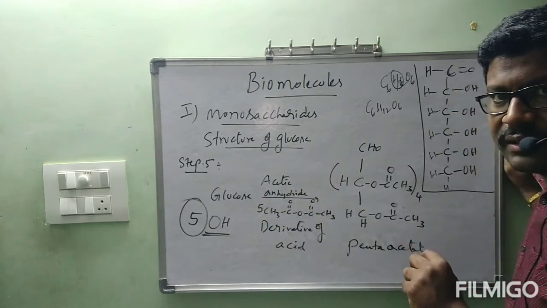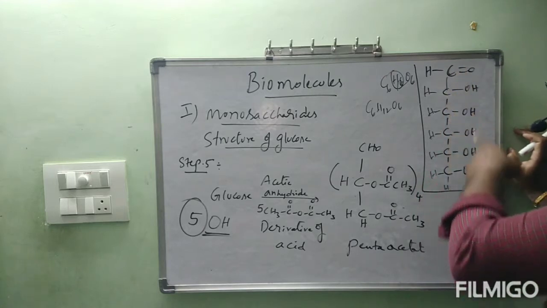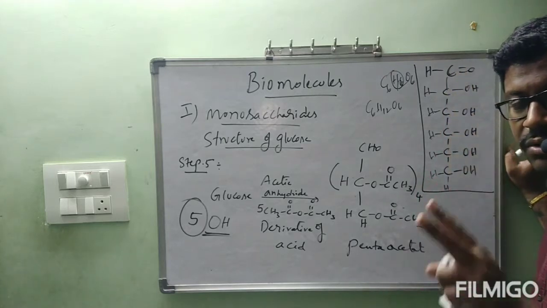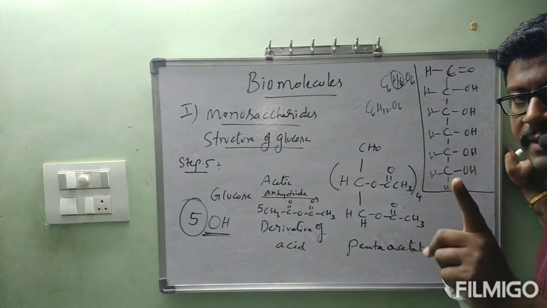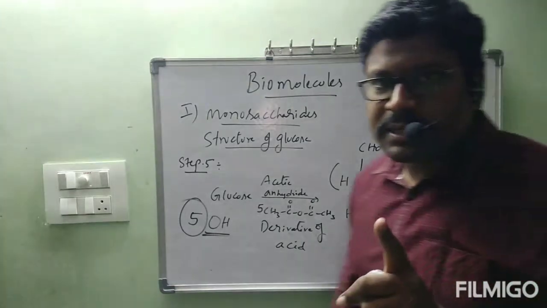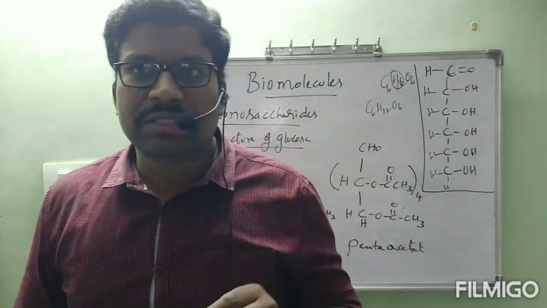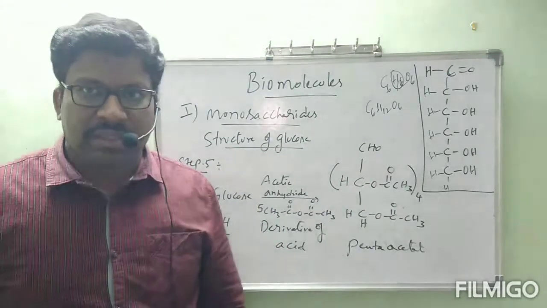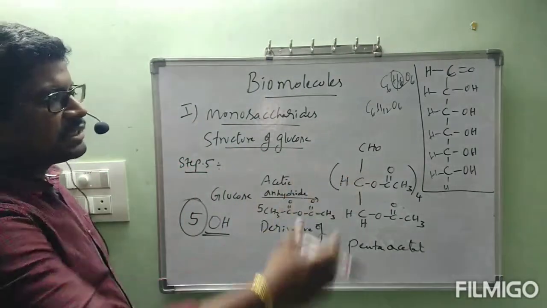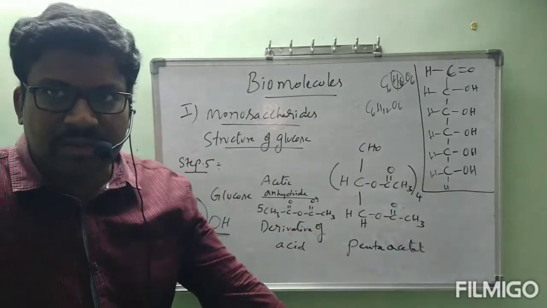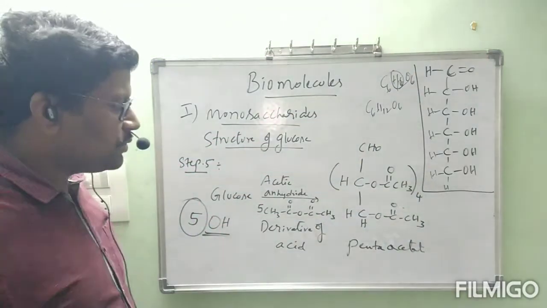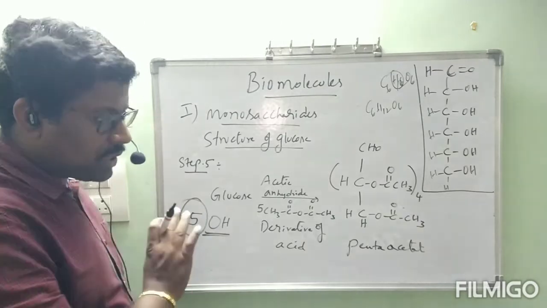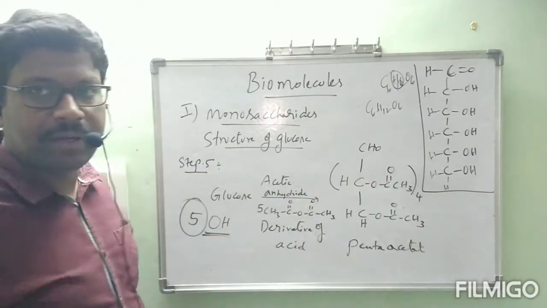The conclusion you understood already: different carbon atoms contain different OH groups. No 2 OH groups must be present on the same carbon atom. If 2 OH groups are present on the same carbon atom, the molecule is not at all stable. But glucose is stable. Is it correct? That's why I can conclude the structure. Now I am going to write how this reaction is going to happen.